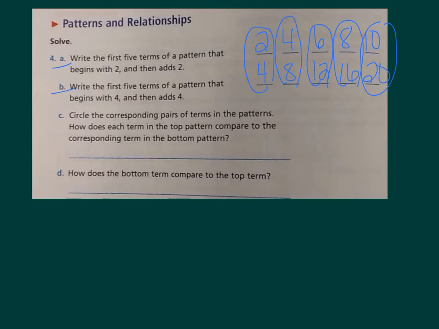They want us to look at, first, how does the top compare to the bottom? Okay? The top is half of the bottom. 2 is half of 4. 4 is half of 8. So the top is half of the bottom. We're comparing the top to the bottom.